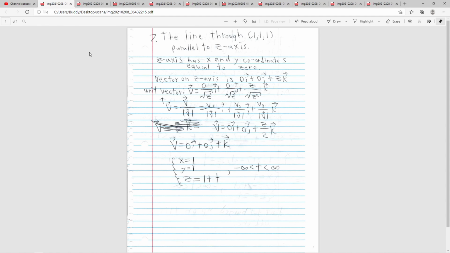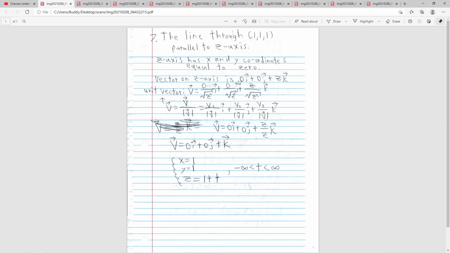The line through 1, 1, 1, parallel to the z-axis. A little bit more tricky now. The z-axis has x and y coordinates equal to 0. A vector on the z-axis is 0 plus zk. We're just going to say z in general.